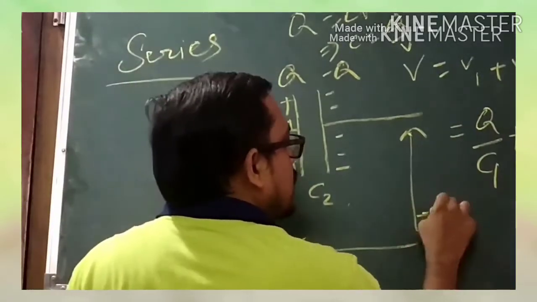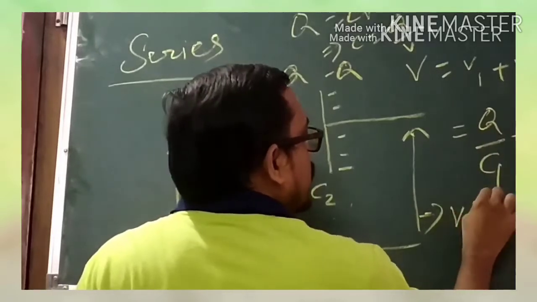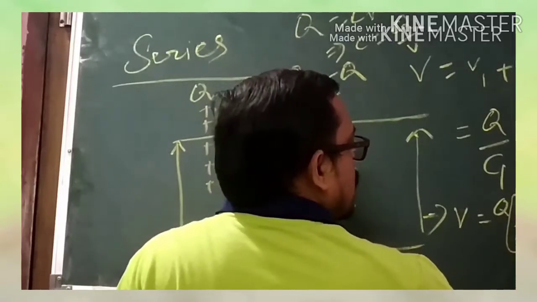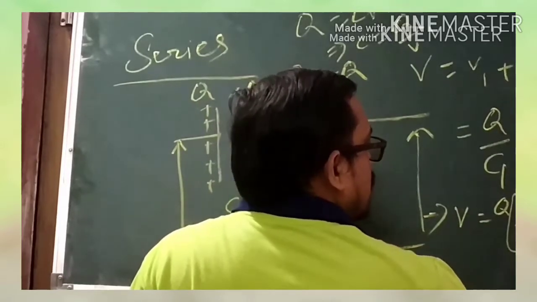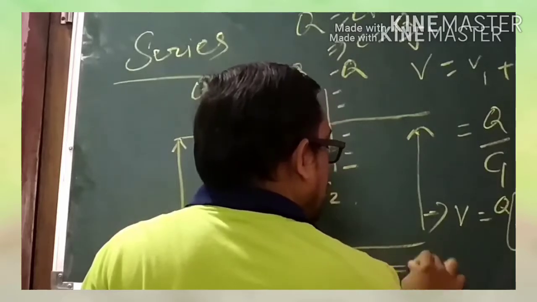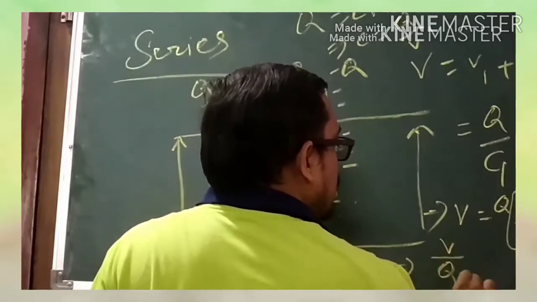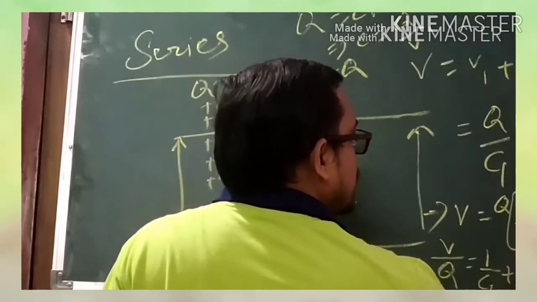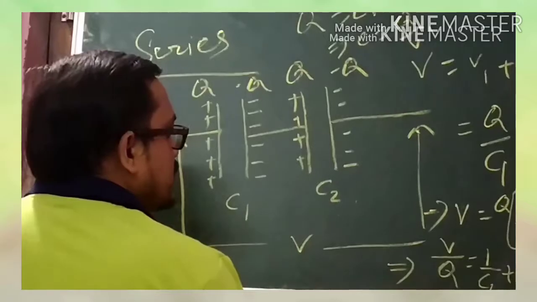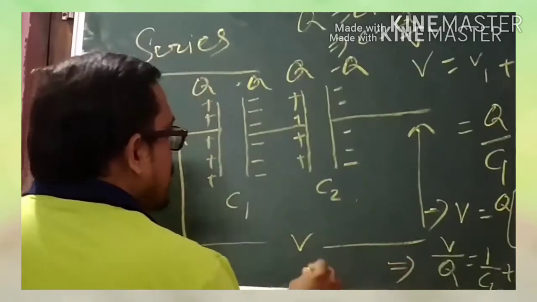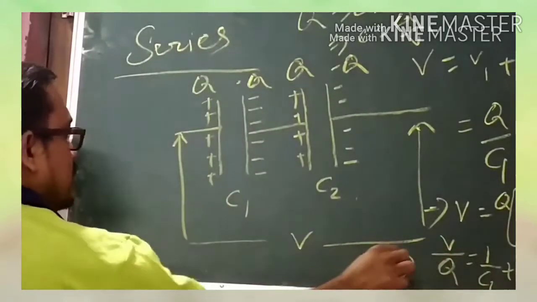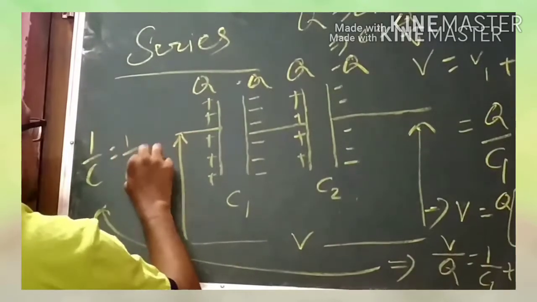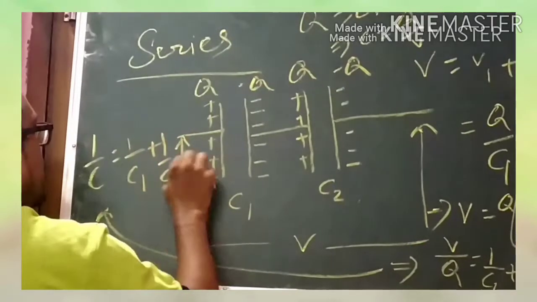Now taking Q common, V by Q will be equal to 1 by C1 plus 1 by C2, and this V by Q is nothing but 1 by C. So 1 by C equals 1 by C1 plus 1 by C2.